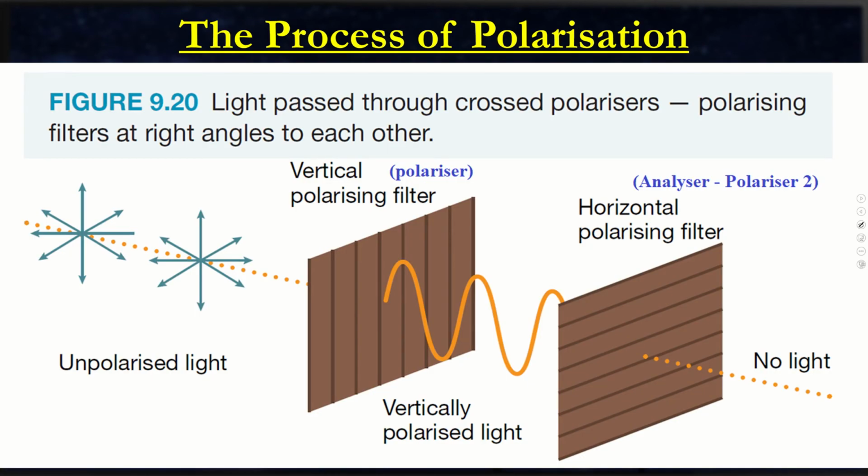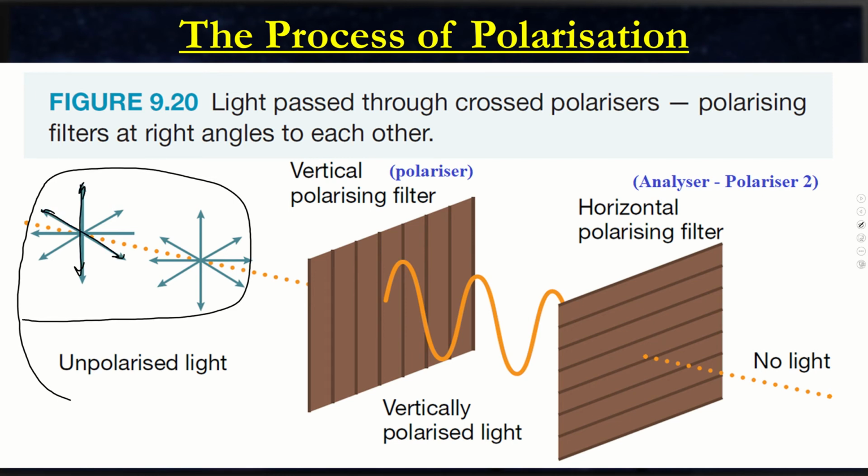Okay, when it comes to the naming system, this is what we have here. We have unpolarized light. As you can see, this diagram represents light vibrating in every single direction you can imagine.